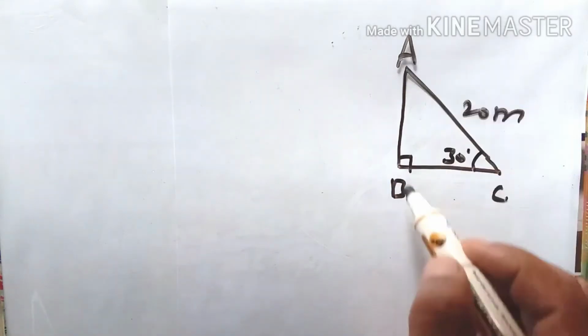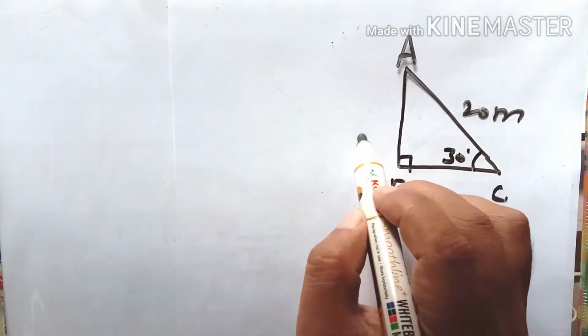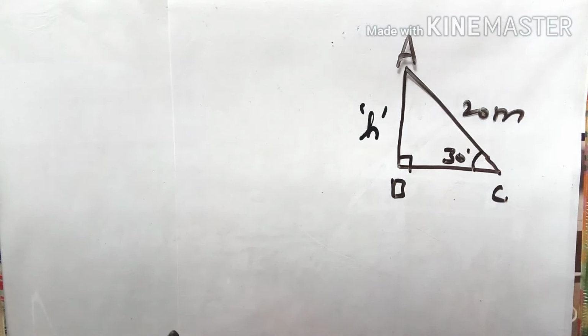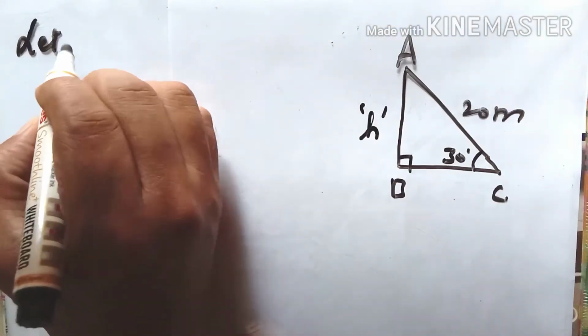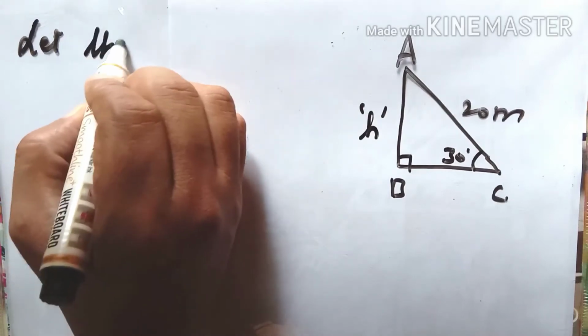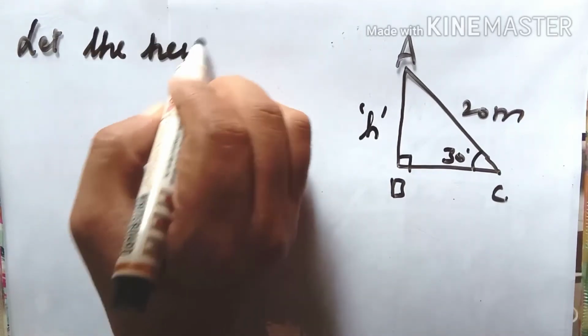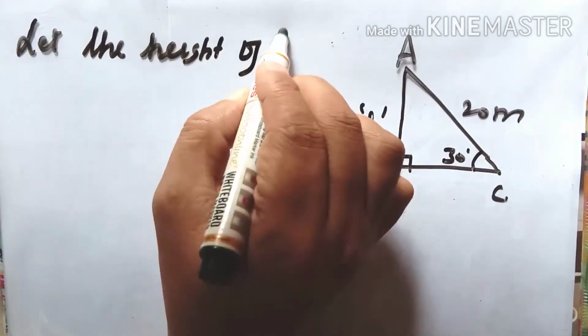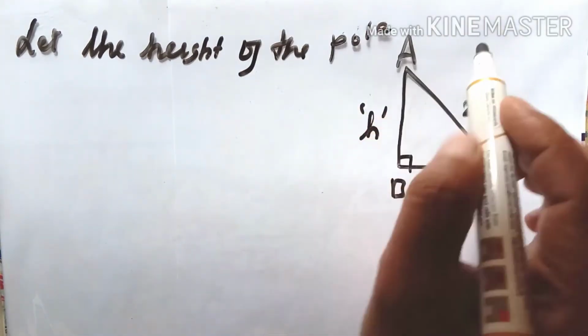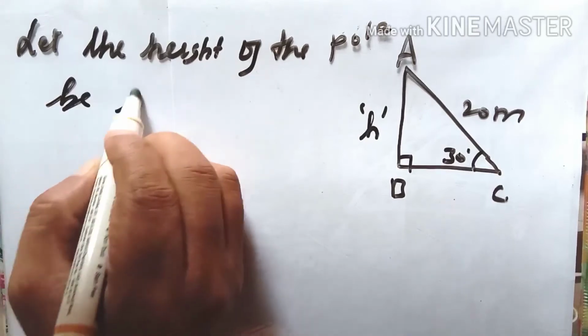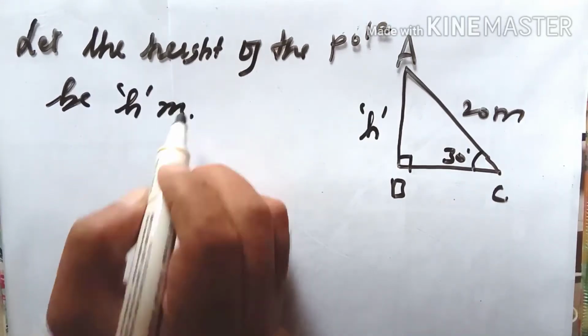So that means here AB represents a pole, so we consider here letter H. So now we are asked to find the height of the pole, so let the height of the pole be small letter h, say meter.